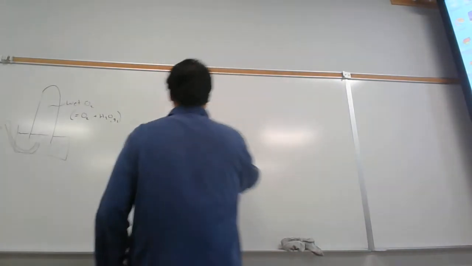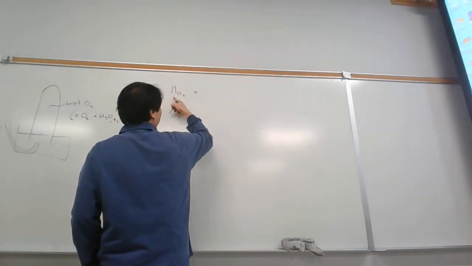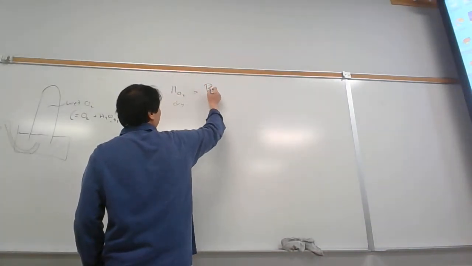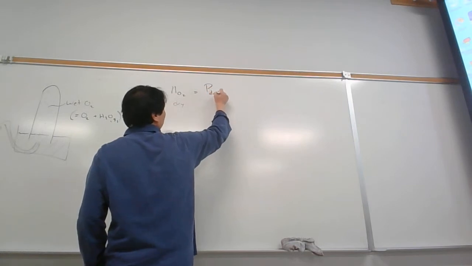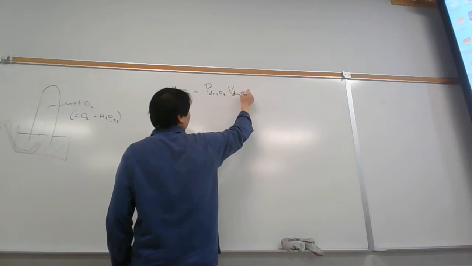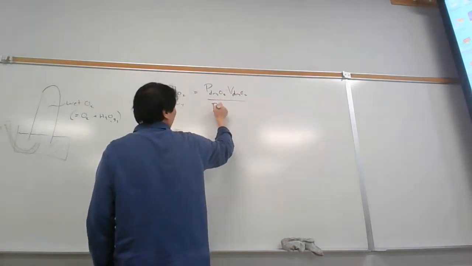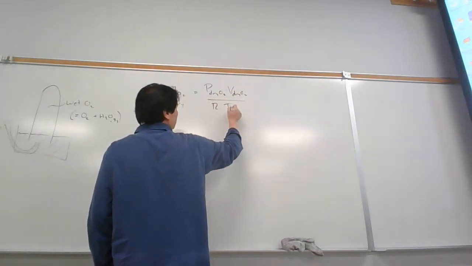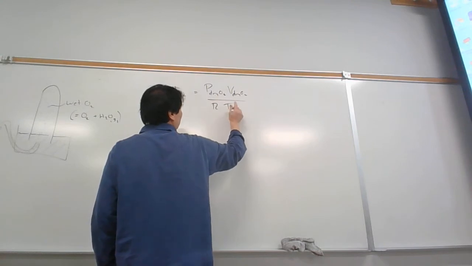We'll solve the ideal gas law. The moles of dry oxygen equals the pressure of dry oxygen times the volume of dry oxygen divided by R, the gas constant, times the temperature of dry oxygen.